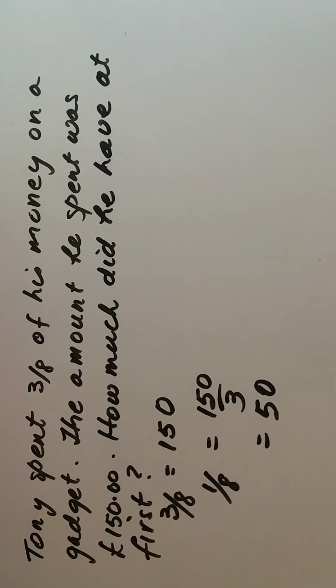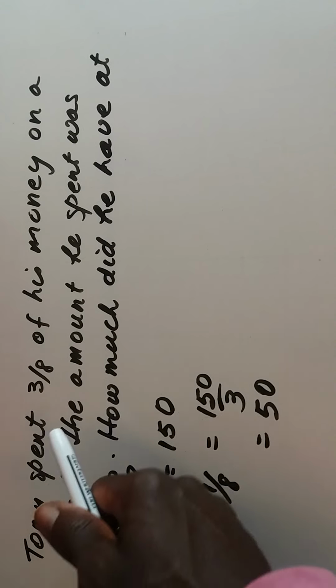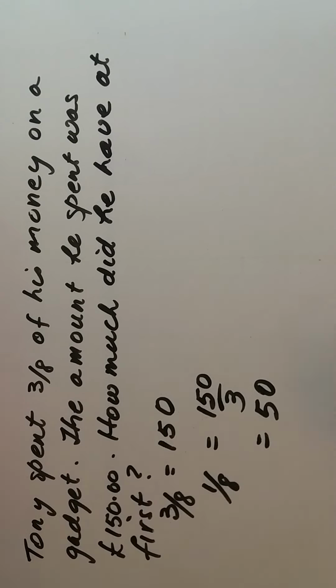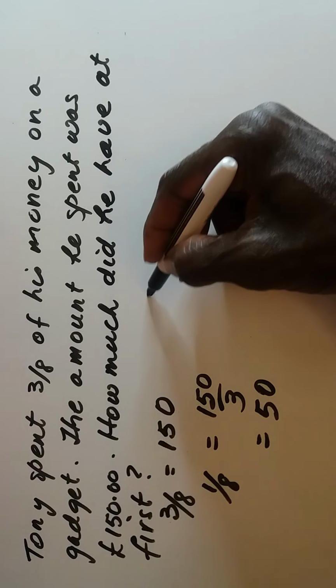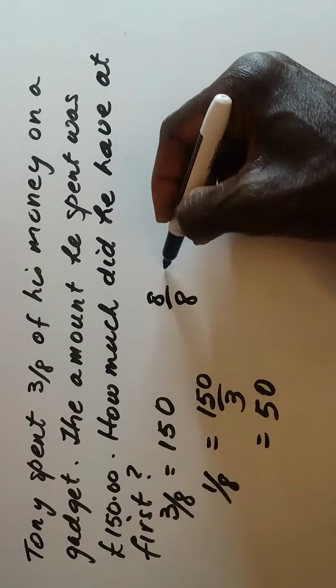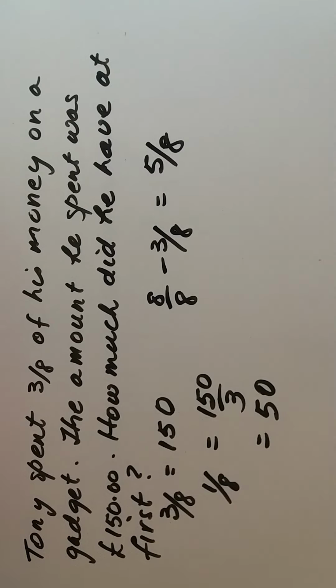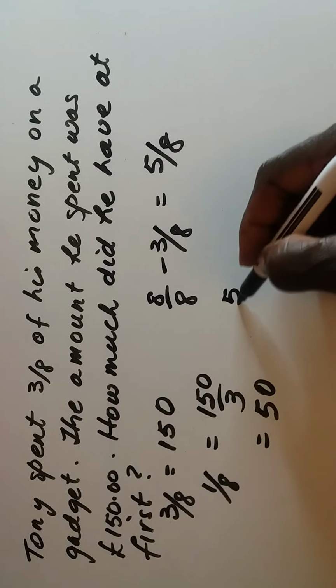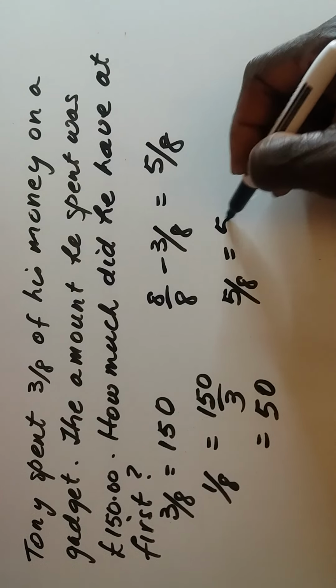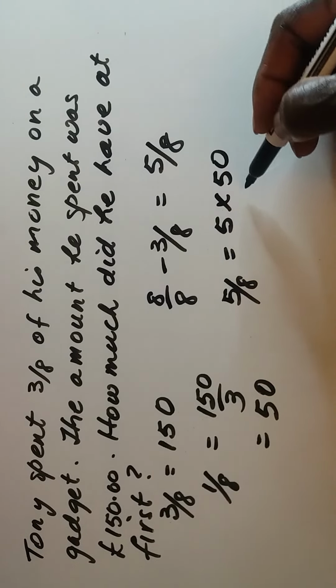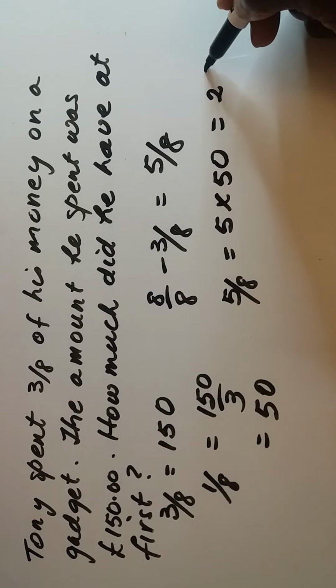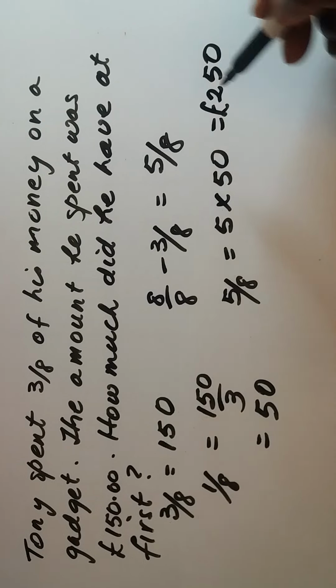So if we know 1/8 of his money is £50, and he spent 3/8 of it, then he started with a whole and spent 3/8, so he would have 5/8 left. And we can find out what that 5/8 is, because we know 1/8 is 50, so 5/8 is equal to 5 times 50. So he had £250 remaining.